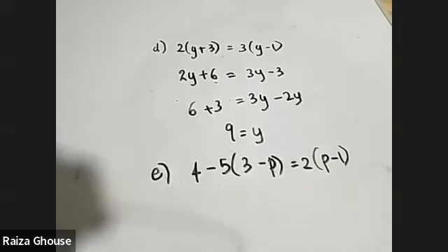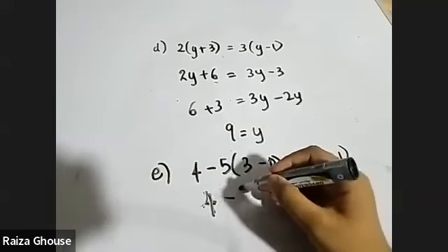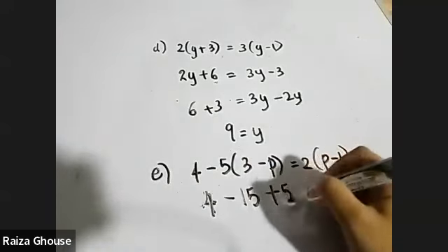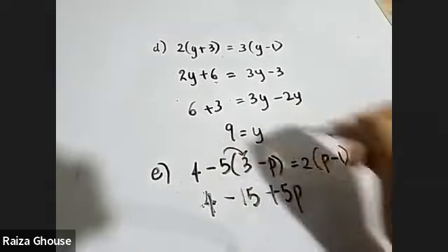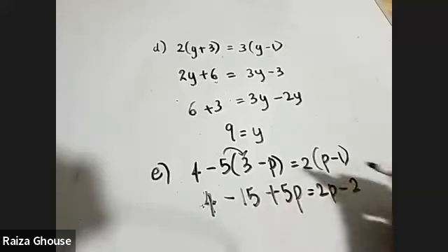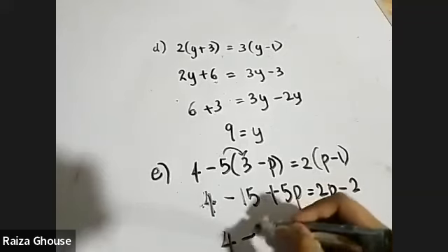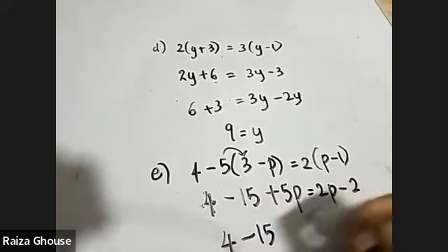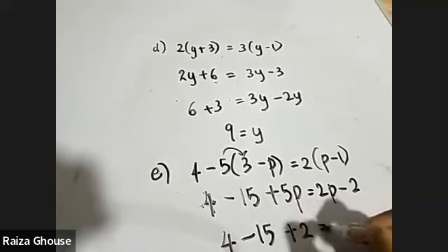Can anyone tell me? 4 minus 15 plus 5p equals 2p minus 2. Very good, Sahdi and Sabiha. 4 minus 15 plus 5p, you just have to multiply this. Equal to 2p minus 2.